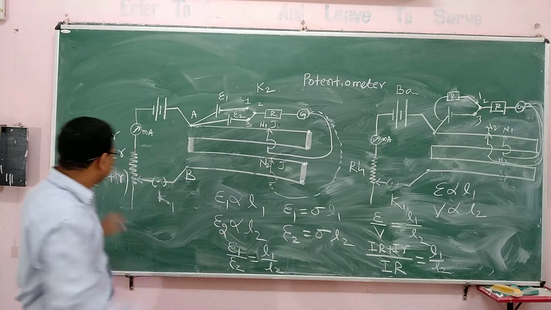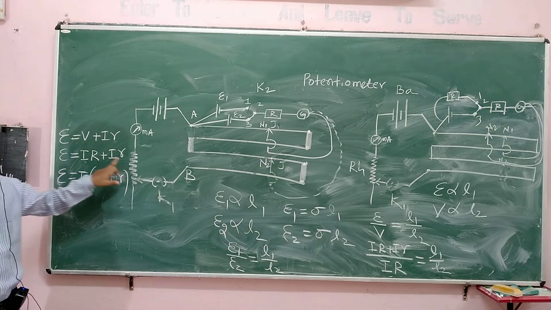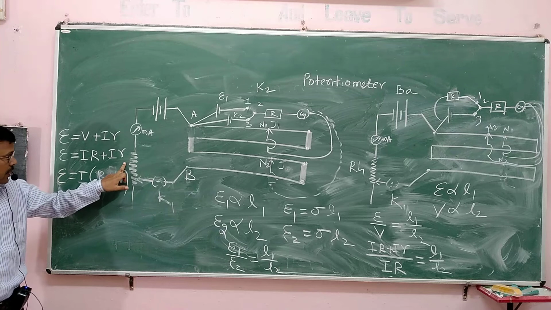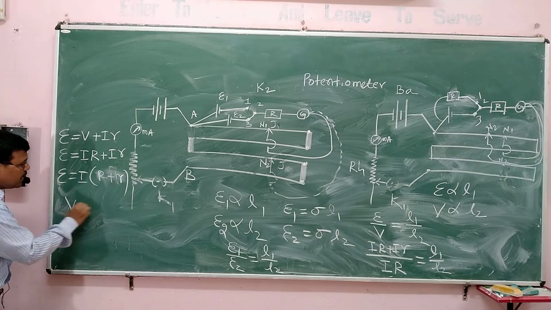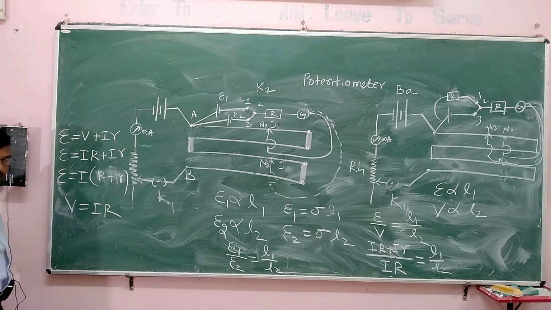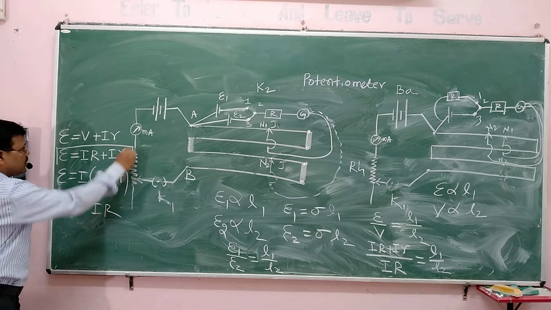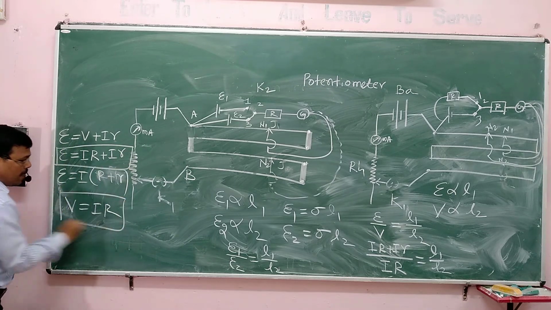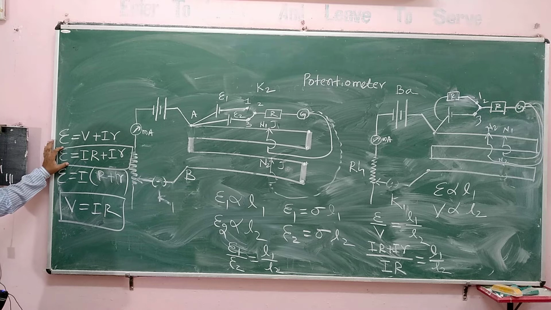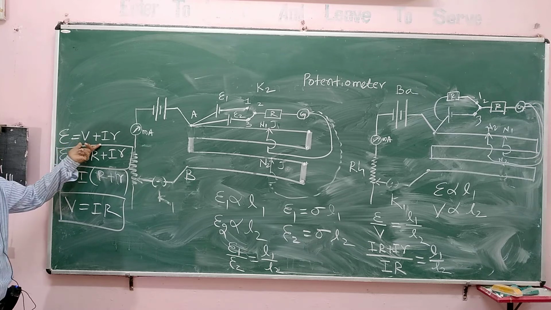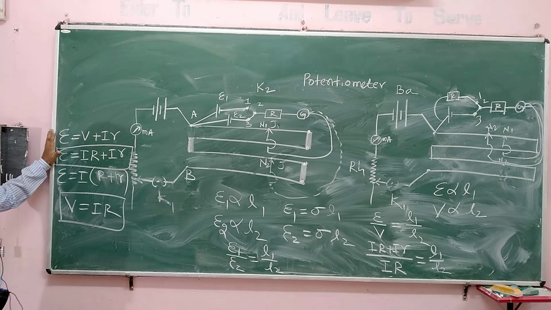I have written E is equal to IR plus Ir, and I have written V is equal to IR. I use these equations. This equation is applicable when the EMF of the cell is greater than the potential difference, when the cell is under discharging action.